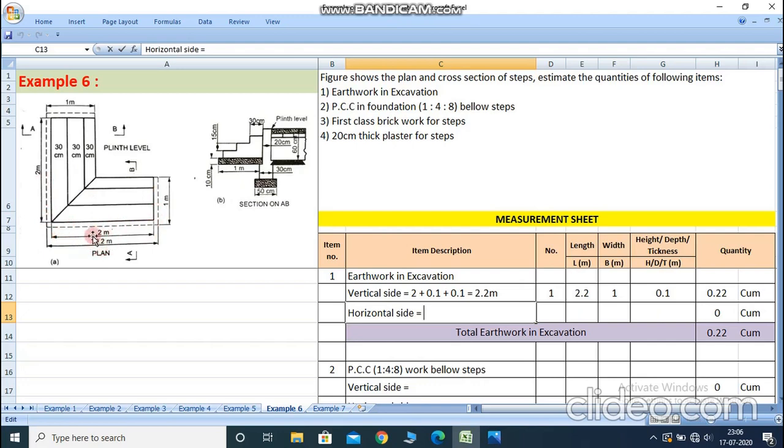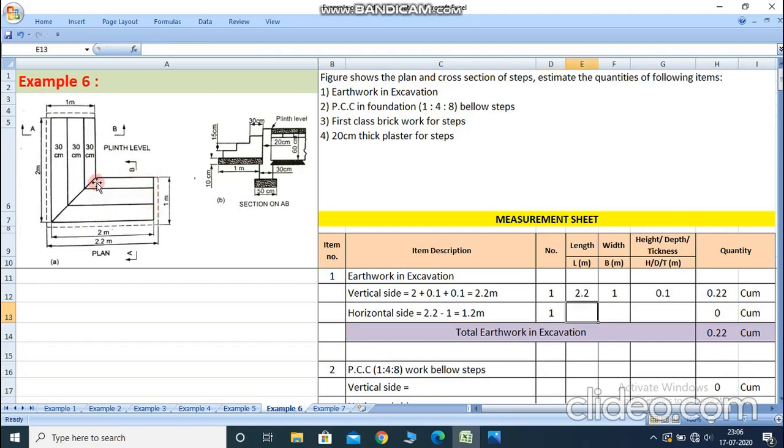See this plan. So 2.2 minus 1 meter, because this portion is already calculated. So 2.2 minus 1 meter is equal to 1.2 meter. Only a single part is given here, so we calculate only this part for the excavation.